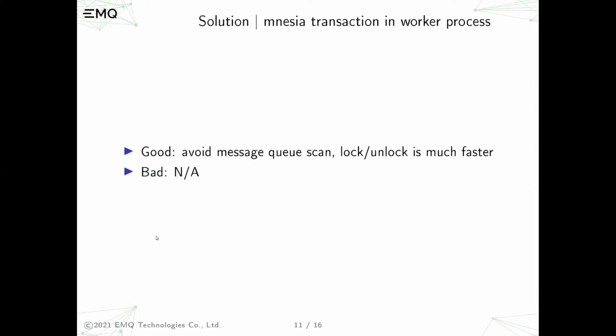So in that case, we decided to have a separate worker process. The worker process will have a very clean message queue, without any useless messages in the queue, to proceed with the transaction, like receiving the lock result. And there's no downside, so we just put it as the default behavior.